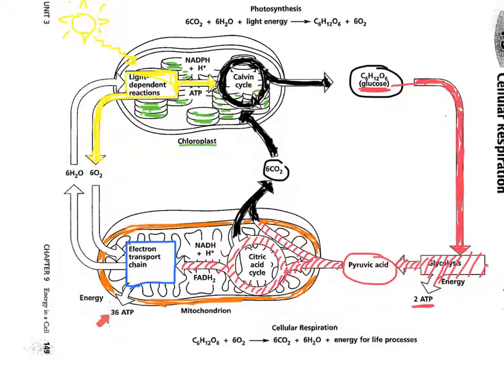But in order to do this, it needs one of those original waste products that we ended up getting from before. I don't know if you guys remember, it was, that's right, oxygen. So the oxygen that I had up above is now going to be used down below, and it's going to oxidize this process to give me all this energy down here.